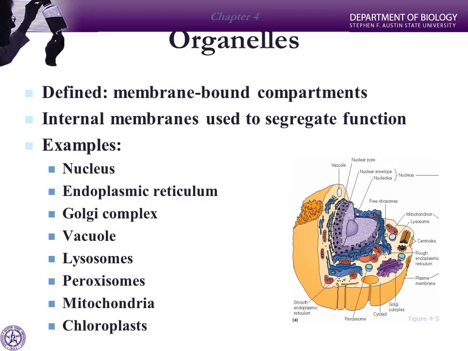So as the plasma membrane distinguishes one cell from another, or distinguishes the inside from the outside of a cell, so will these membranes distinguish cytoplasm from our nuclear plasm, nucleoplasm as they call it, or the inside or the outside of the endoplasmic reticulum as we go through these. Now we're going to take each one of these individually, and then we're going to add a few more to our discussion as we move through our discussion on organelles.